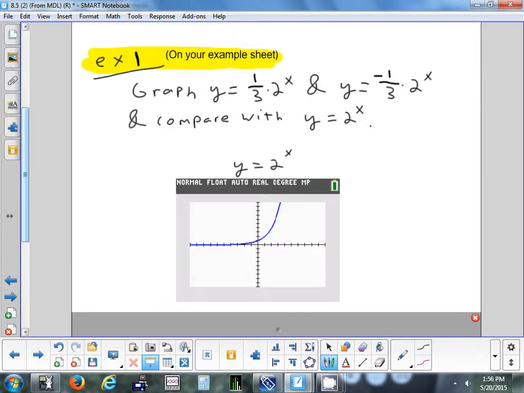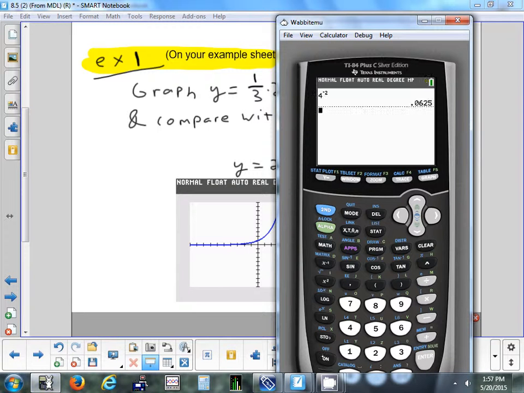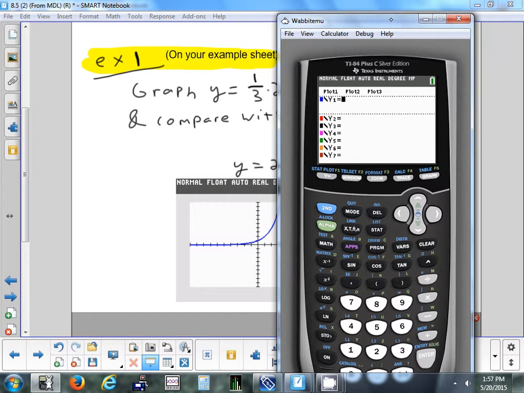I think you guys already have the graphs on your sheet. Let me show you. I think on the calculator it'll be easier. Here, I'll do 2 to the x in blue, and then I'm going to do 1/3 times 2 to the x.